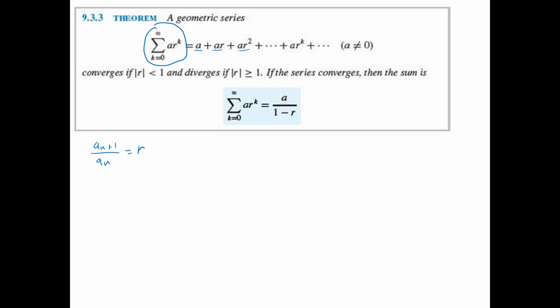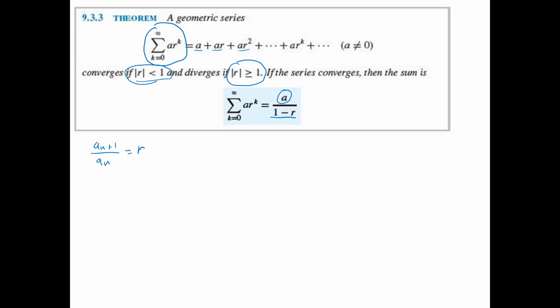Now, if the absolute value of your r is bigger than or equal to 1, then your series is going to diverge. But if the absolute value of your r is less than 1, then not only do we know that it converges, we know what it converges to. It will always converge to the first term, all divided by 1 minus the common ratio. So we know that the series converges, and we can find its sum.